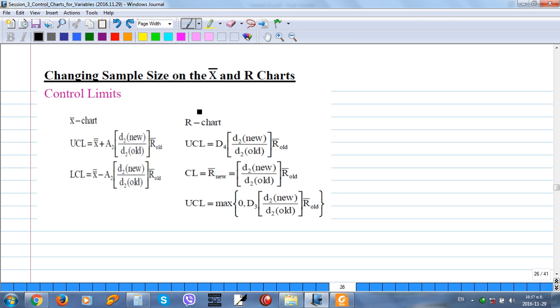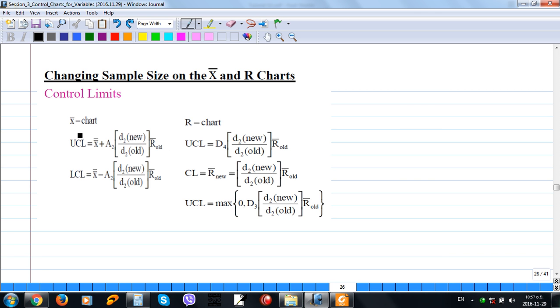These are the equations to find the control limits when the sample size changes. For the X bar chart, the upper control limit equals X double bar plus A2 times d2 new divided by d2 old times R bar old, and the lower control limit equals X double bar minus A2 times d2 new over d2 old times R bar old.